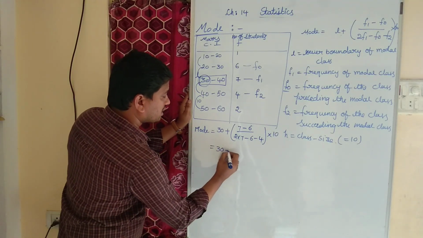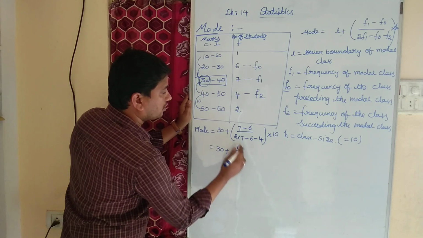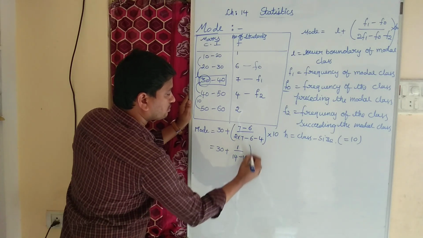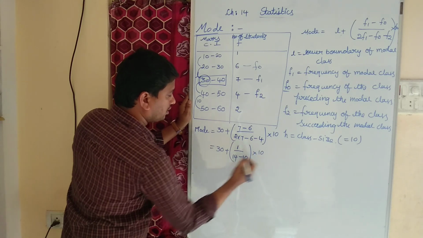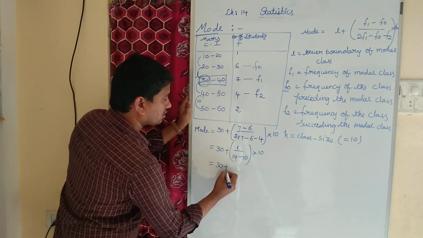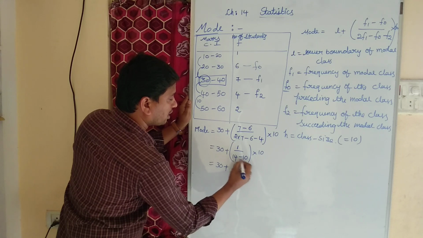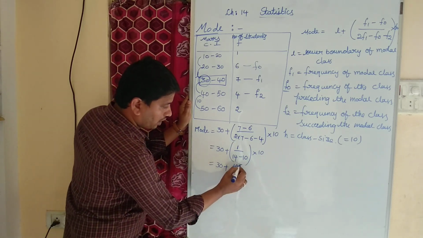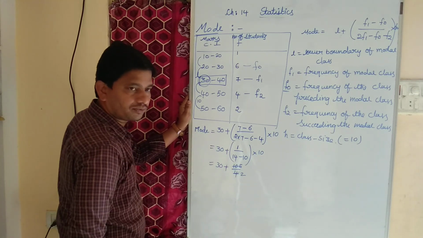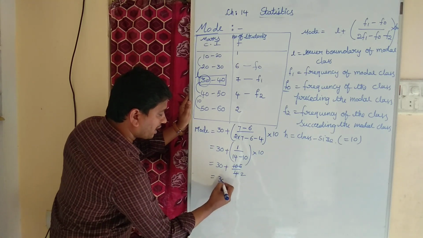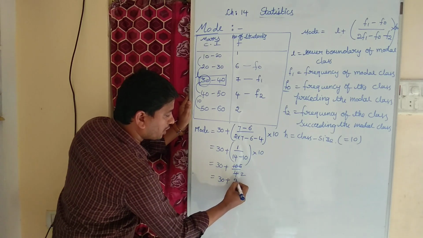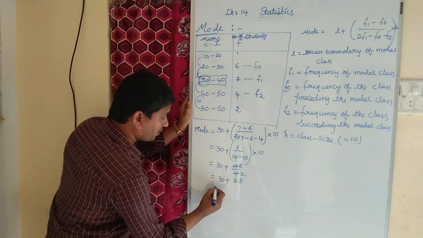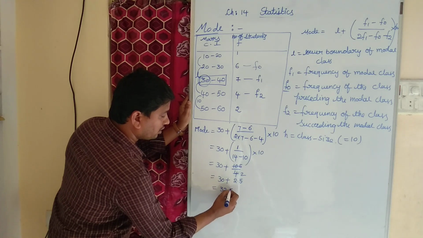So 30 plus (7 minus 6), that is 1, 2 sevens are 14, minus 6 minus 4, that is minus 10, into 10. So 30 plus 1 into 10, 10 by 14 minus 10, that is 4. 2 twos are 4, 2 fives are 10. So that is 30 plus 5 by 2, children. 5 by 2 is 2.5, right? So 30 plus 2.5 is 32.5.